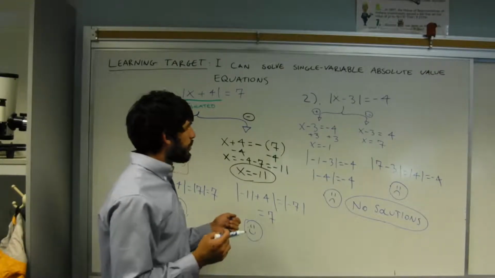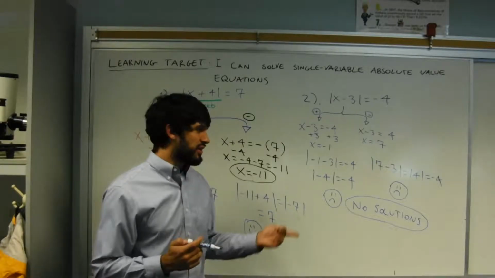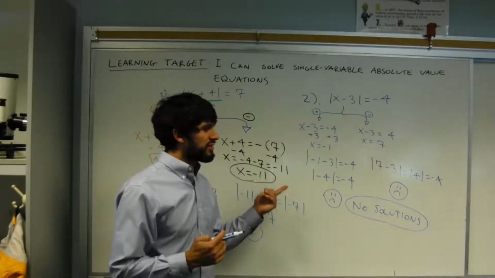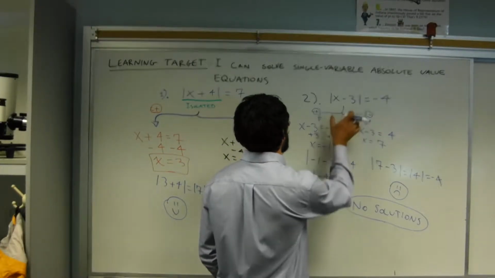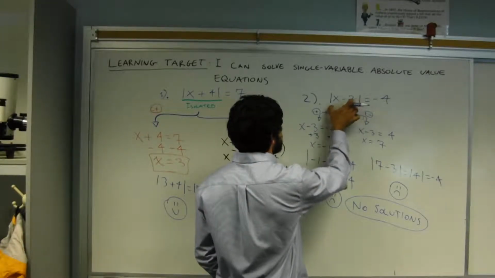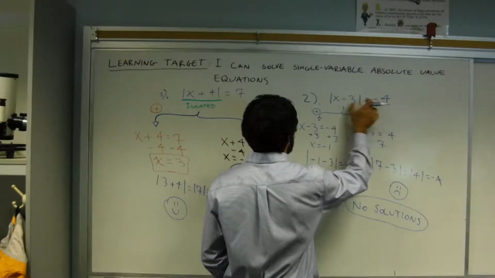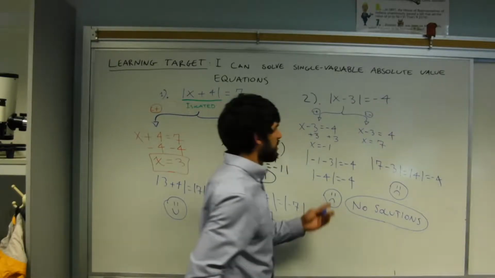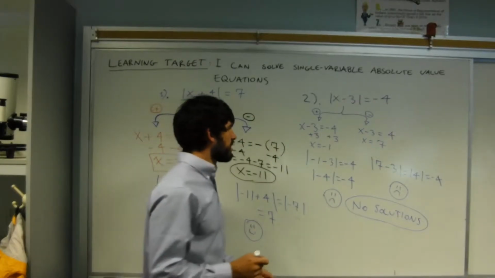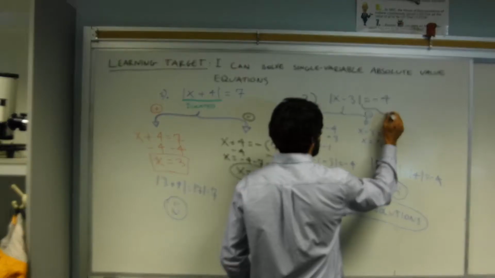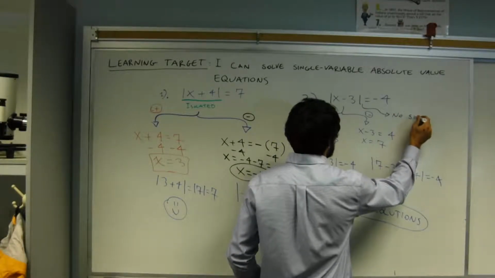We could have saved ourselves a bit of grief by looking at this right from the start and saying, hey, this absolute value cannot be equal to negative 4, because an absolute value cannot be equal to a negative number. So we could have said right from the start that this has no solutions.